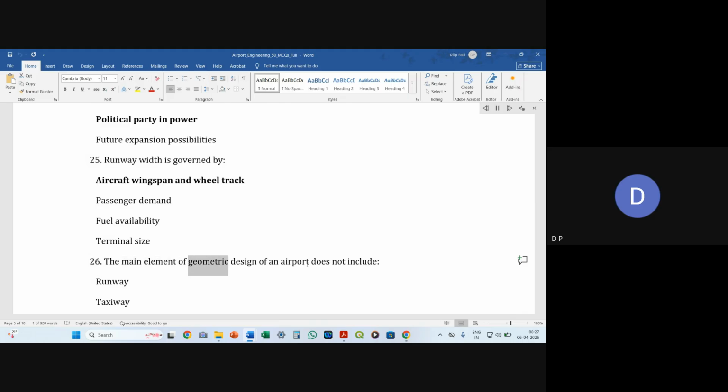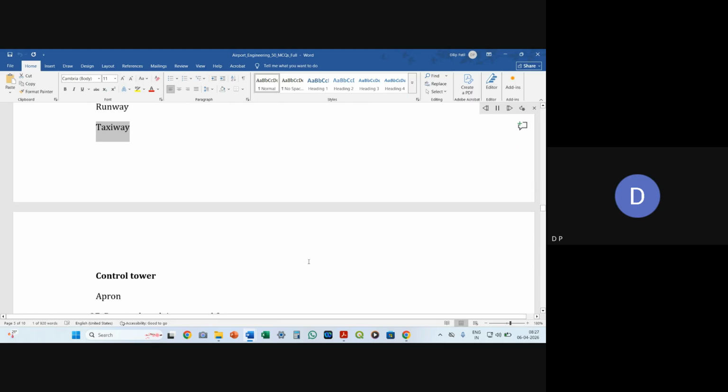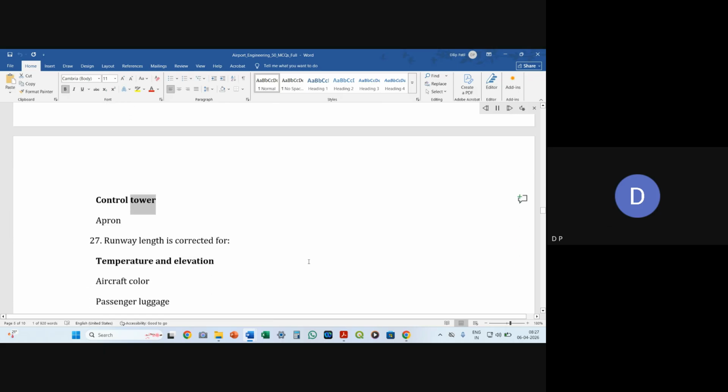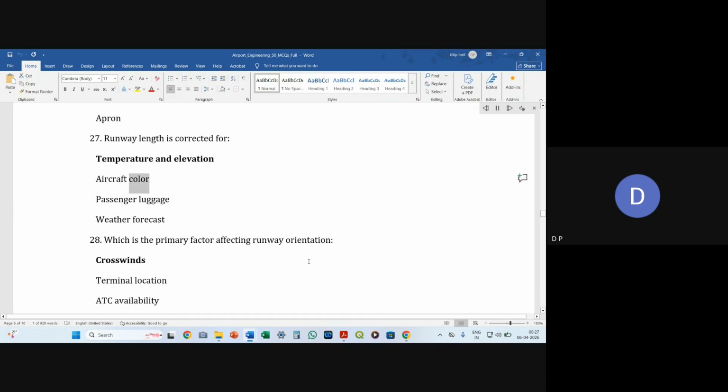The main element of geometric design of an airport does not include runway, taxiway, control tower, apron. 27. Runway length is corrected for temperature and elevation, aircraft color, passenger luggage, weather forecast.